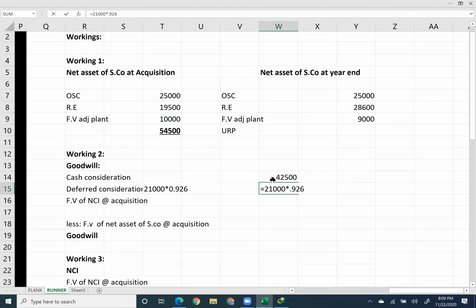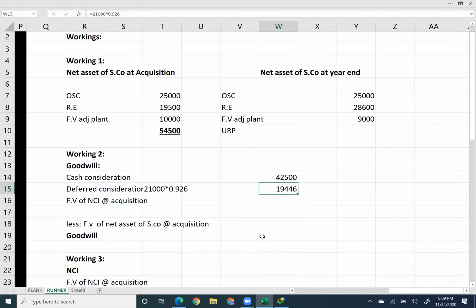The working on the side, 21,000 times 0.926, is optional, but the formula in the cell, equal to 21,000 times 0.926, is mandatory.